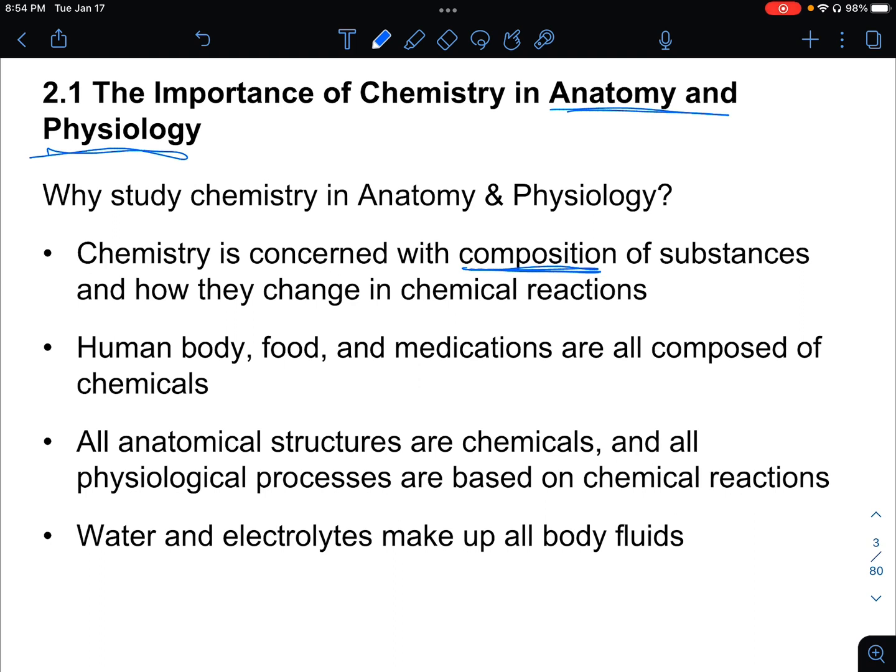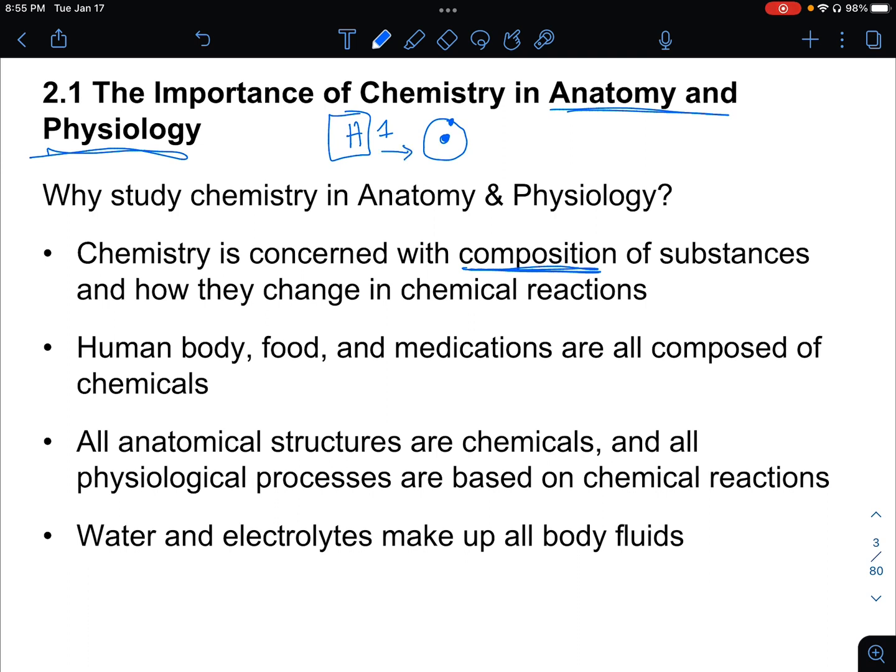We know, looking at the periodic table, that some have higher numbers of protons, neutrons, and electrons, and some have lower. If we look at the chemical hydrogen, which is an H, this has an atomic number of 1. This means that it has 1 electron. So we have a small nucleus and a single electron on the outside circling it. So our hydrogen is going to have 1 electron.